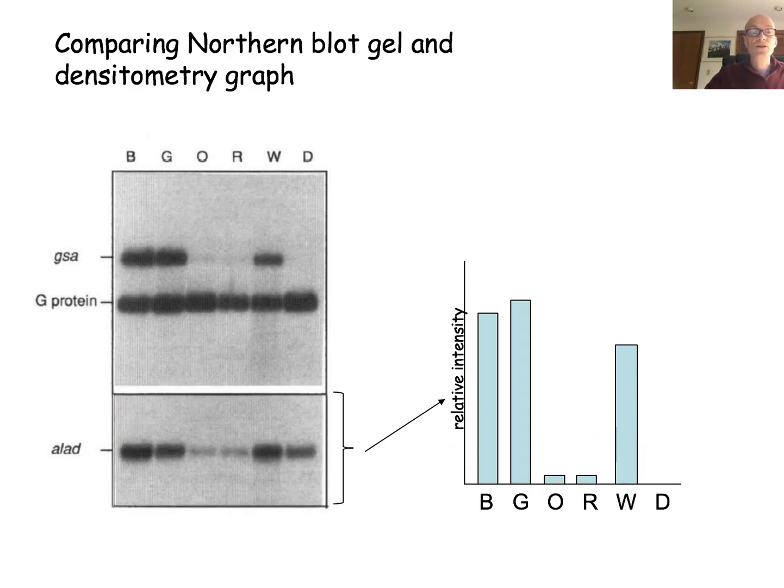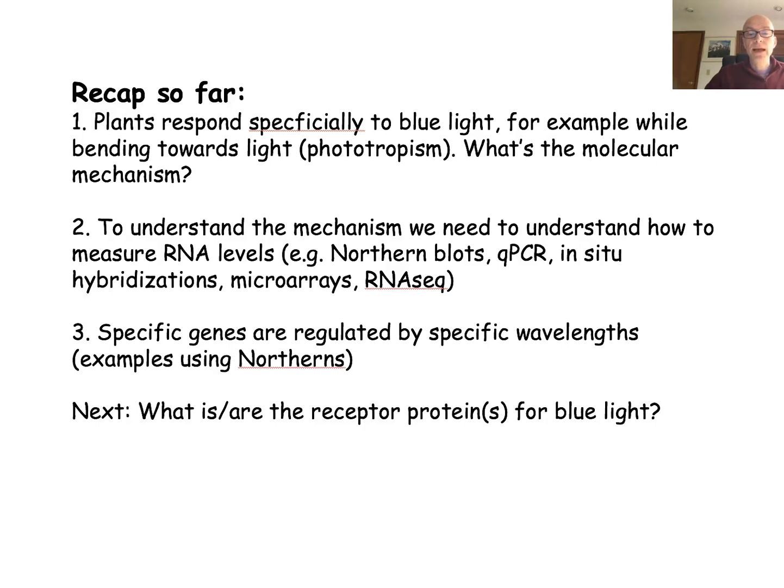Okay, so quick recap so far. I told you at the beginning, plants respond specifically to blue light. For example, bending, phototropism, is one of those responses. And we're trying to find out what the molecular mechanisms of these responses are. And then I said, let's take a step back. We need to understand how to analyze this and how the kind of experiments were done in the past that helped us understand these things.